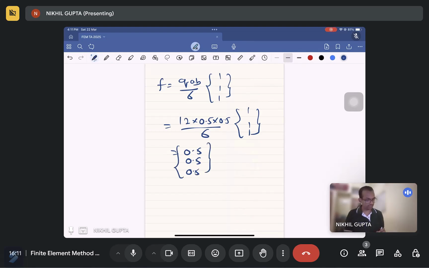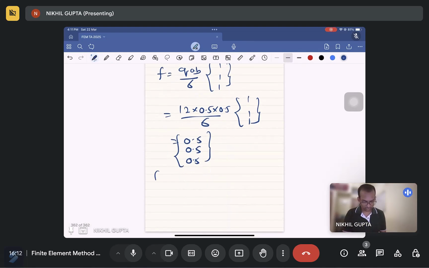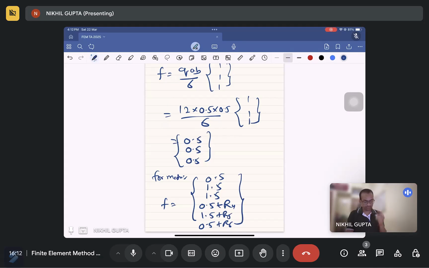Now we have the f vector, so the force matrix will form. This will give you 0.5, 1.5, 1.5, 0.5 plus R4, then 1.5 plus R5, and 0.5 plus R6. So this is the global force matrix.